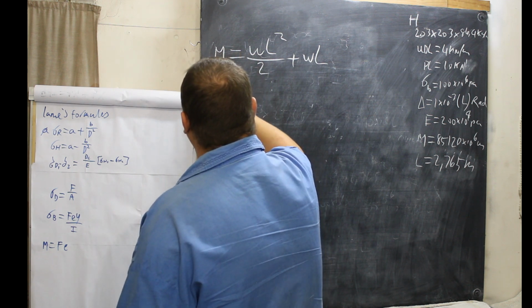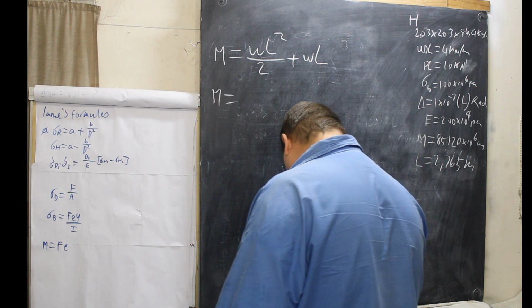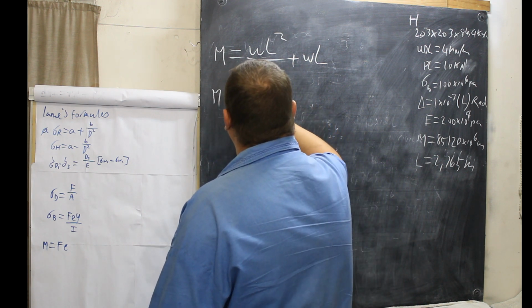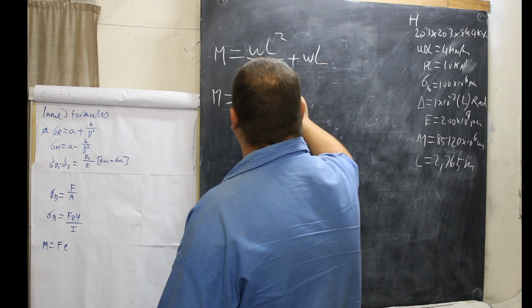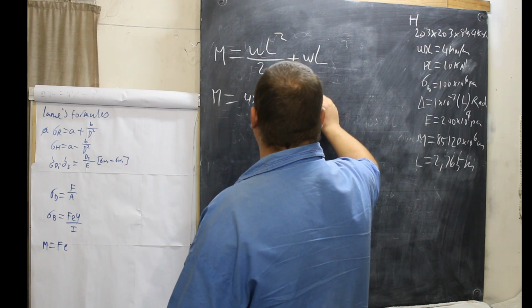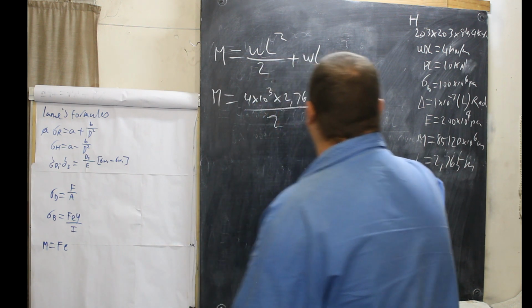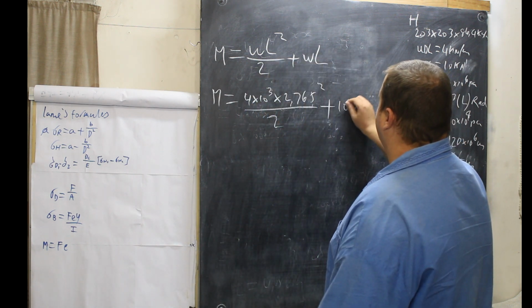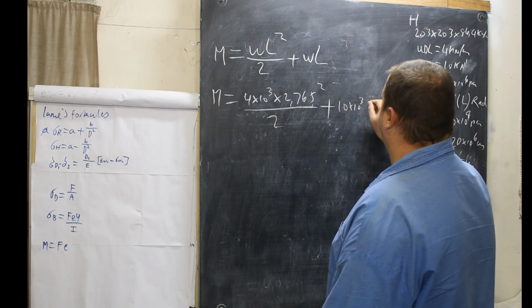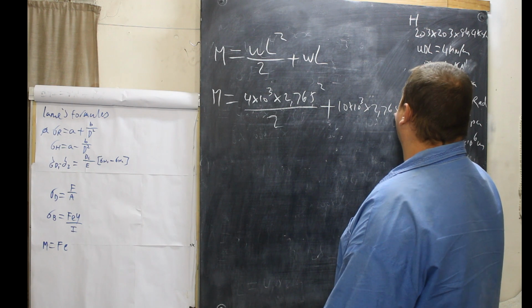Okay, so M equals, now W is 4 times 10 to the 3 times 2,765 squared over 2 plus 10 times 10 to the 3 times 2,765.